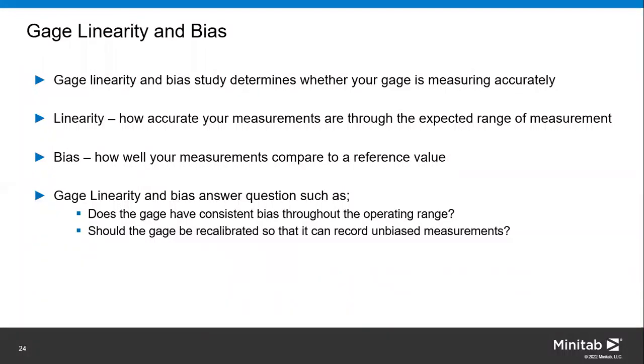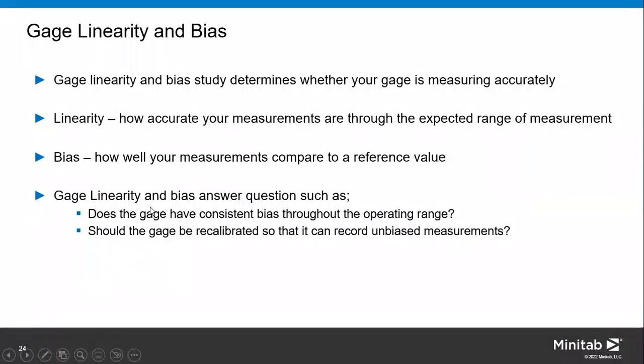But basically, we use this Gage linearity after you run your Gage R&R. Linearity shows how accurate your measurements are through the expected range of measurement. Another term is bias, how well your measurement compares to a reference value. So if you don't have any reference value, you are not able to run the bias.